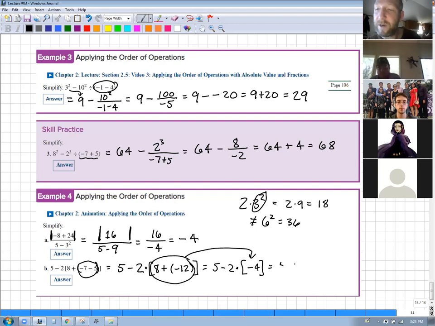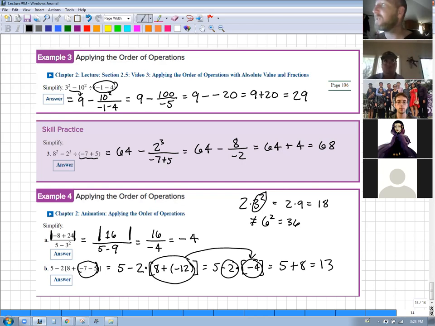We have a 5 minus, well, is this a minus? Hold on. We have a negative 2 times a negative 4. That's a positive 8. We have 2 minuses, they cancel. So 5 and 8 gives us 13.